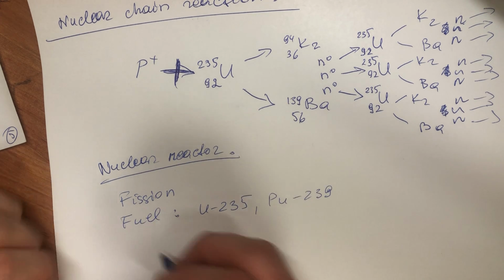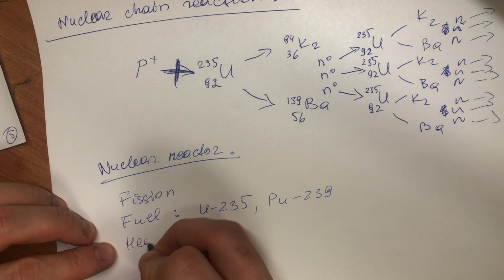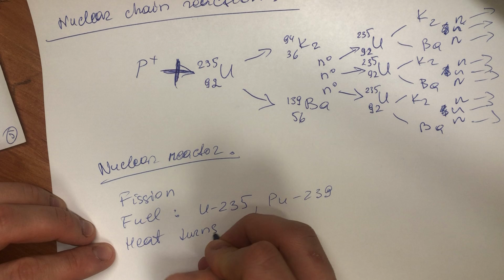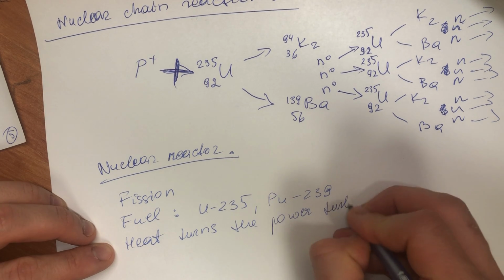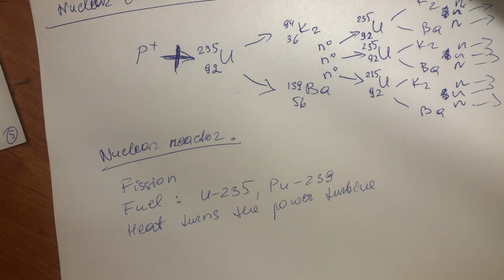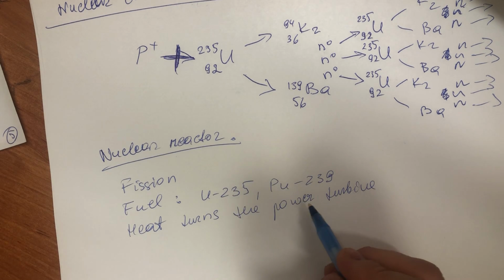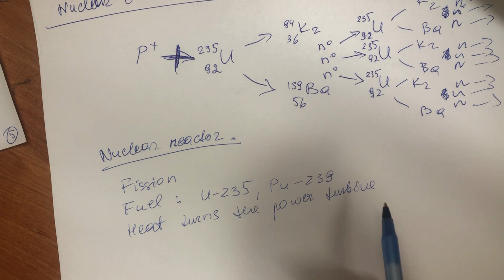Fuel is assembled in rods, and the obtained heat turns the power turbine. So it's the same as other power plants. Just here, heat obtained from the nuclear reaction turns the turbine.